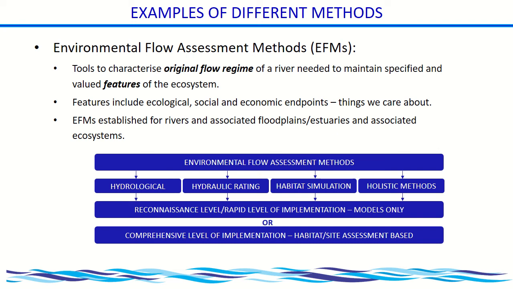So environmental flow methods are the tools, the methodologies that we can implement to establish or achieve the environmental flows. All of these tools, or part of them, include ecological, social, and economic components, for rivers and associated floodplains and ecosystems.